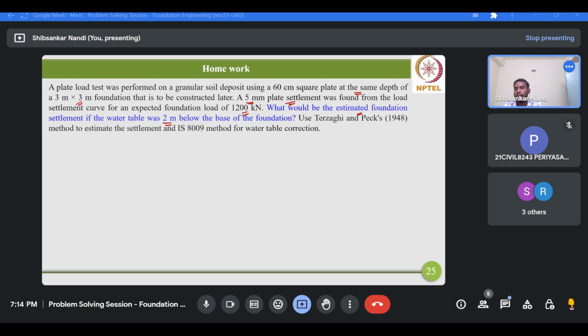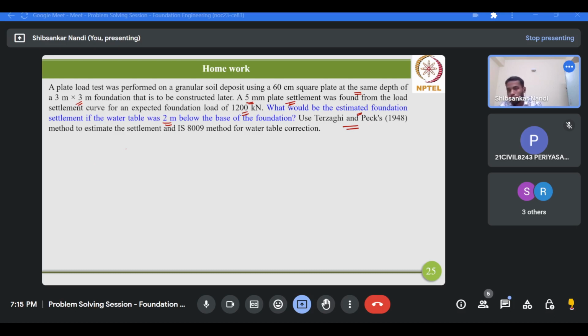And again, this is a granular soil. So how can we address this problem? We can address this problem by the method given by Terzaghi and Peck. Terzaghi and Peck gave the correlation between the plate settlement and the footing settlement in this fashion.